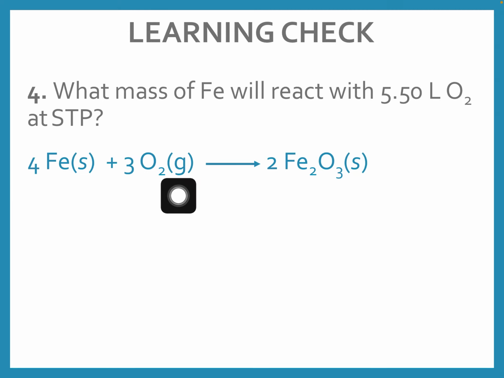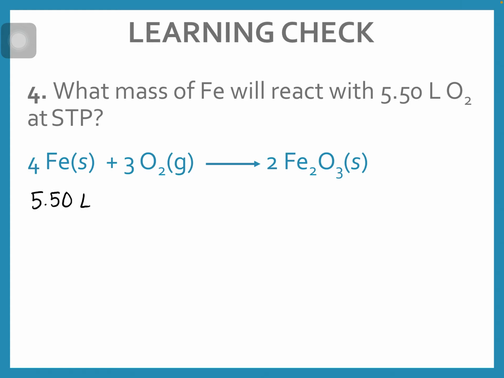Well, gases we will often measure as a volume, and they'll take up a certain amount of space. And solids we will measure as a mass. So both of those can be converted to moles, and that will help us with the mole to mole ratio from the balanced equation.